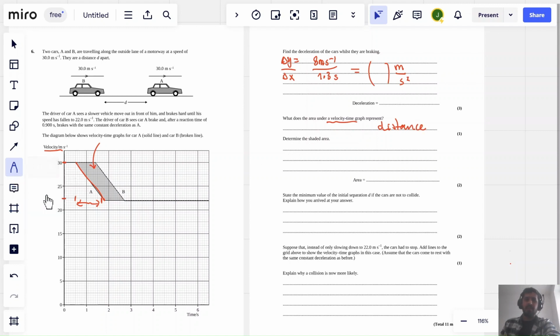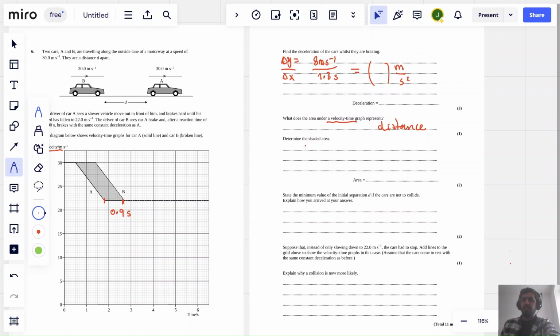Next question is determine the shaded area. Now we have to find this area. To find the area of this shape, you just need to multiply base with the height, right? So this is the base. Now, if you measure this, you will see that it's 0.9 seconds, and the height is the same, which we calculated for the first question, 8 meters per second.